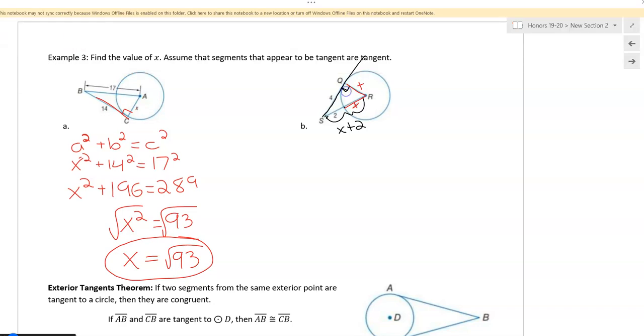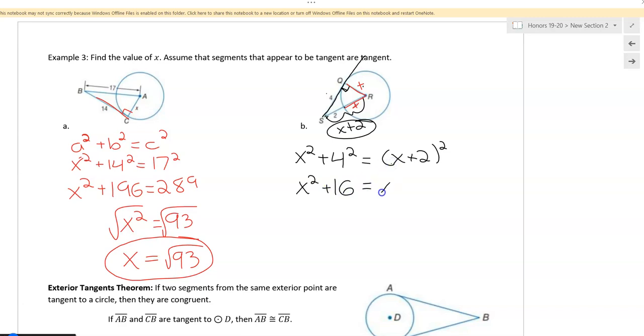So here's my right angle. So this is A and B. So we have x squared plus 4 squared equals, this whole side is C. And that means I have x squared plus 16 equals x plus 2 squared.